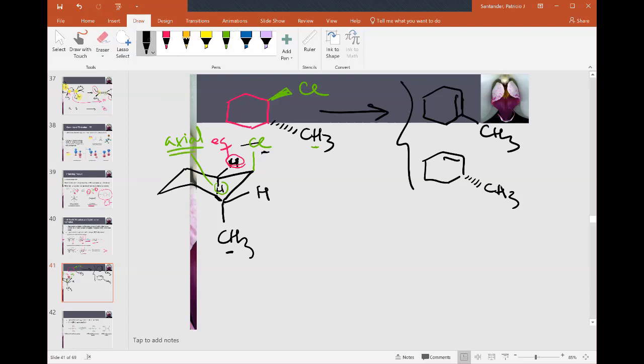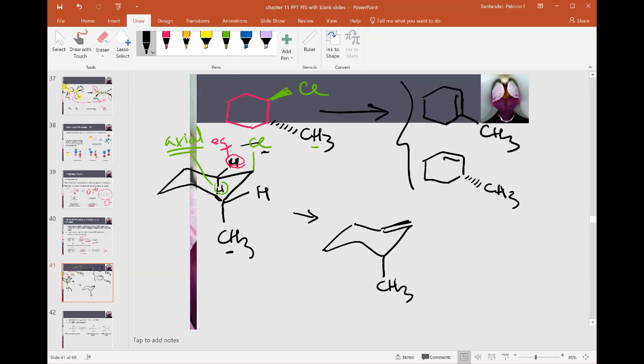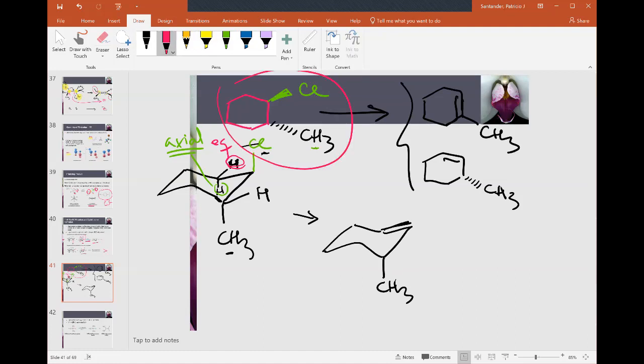So I will be able to perform the elimination, and the product that I will obtain will look like this. I will have my double bond there in the back, and the methyl group here is still pointing down here, right? So conclusion, when having this particular starting material, the product that I will get is not necessarily the more highly substituted alkene.